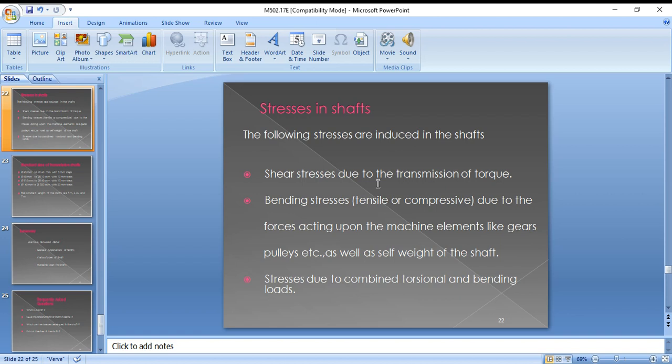Then there are stresses due to combined torsional and bending loads. This is the second case where you can have both shear as well as bending.